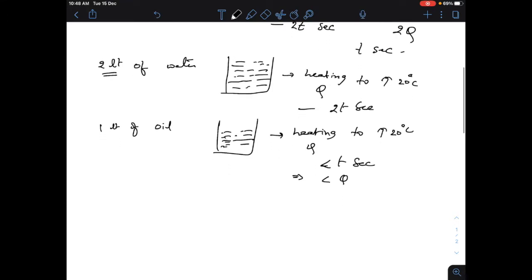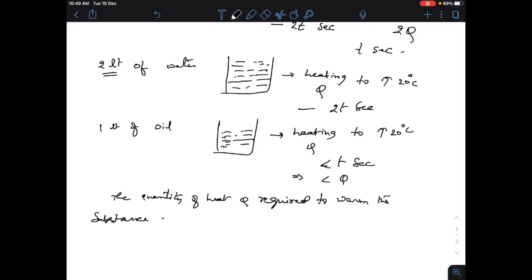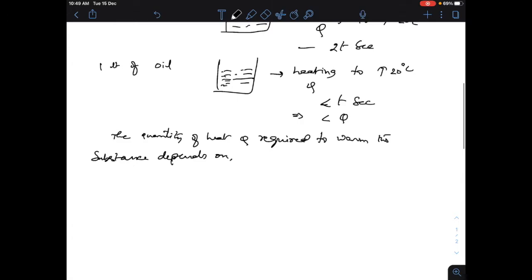Now, the quantity of heat Q required to warm the substance, through this observation we can see, depends on 3 factors. Number 1, its mass. 2, the change in temperature.